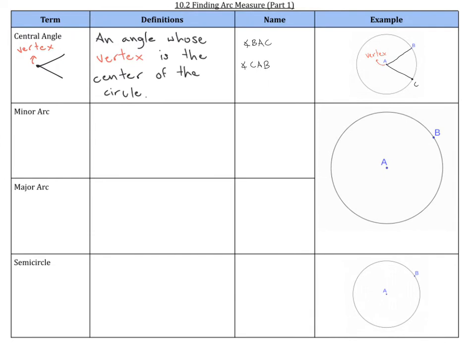All right, now we have 2 arcs to worry about. There is one called a minor arc, and there's another one called the major arc. Now for the minor arc, this is an arc on the interior of the central angle.